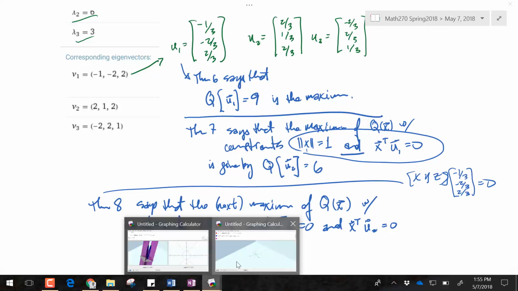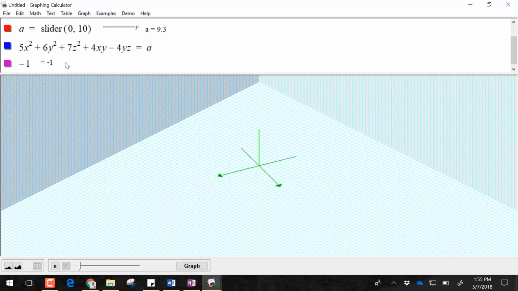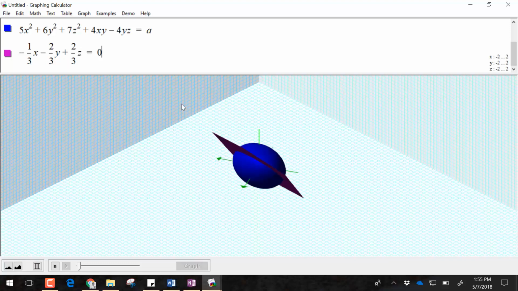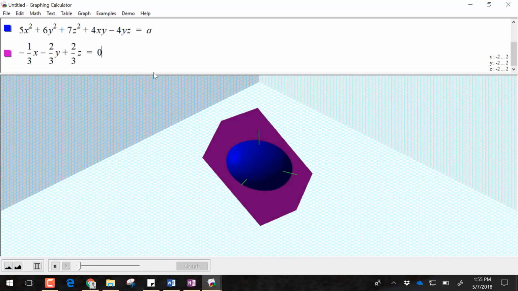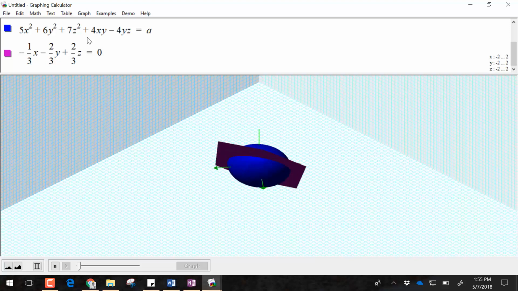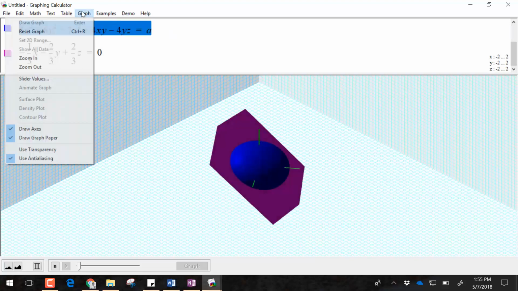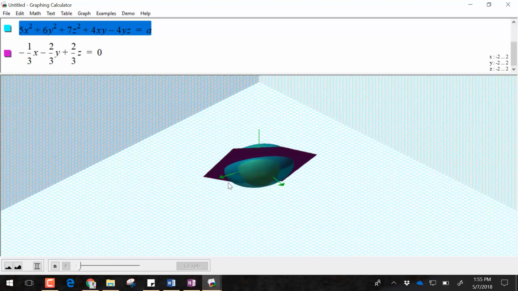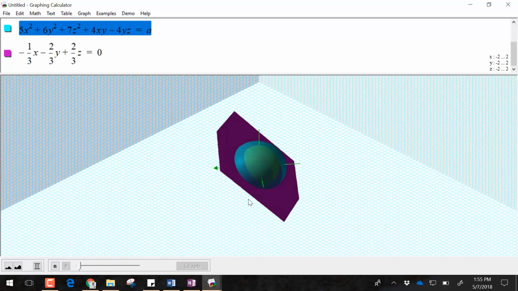So let's take a look at that. -1/3 x, and another -2/3 y, and then plus 2/3 z, and this is supposed to be set equal to 0. So what happens here is that we want to eliminate their current intersection.